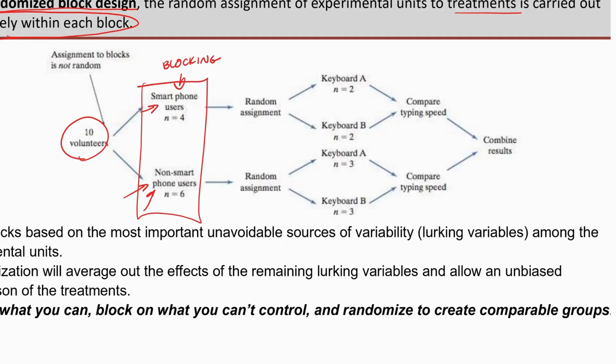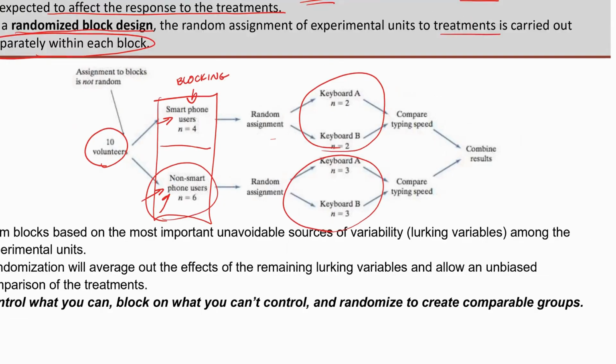Okay. And within the smartphone users, now we can do random assignment to our two different treatment groups. Within this block, we can do random assignment to the two different treatment groups, and then we can compare the results. All right.